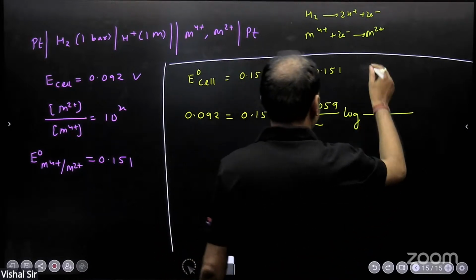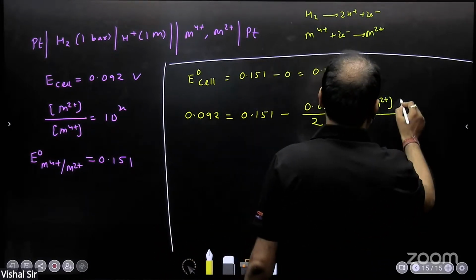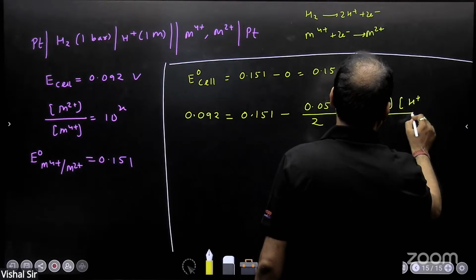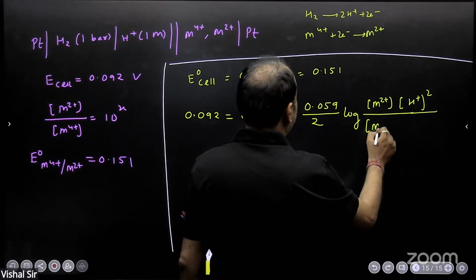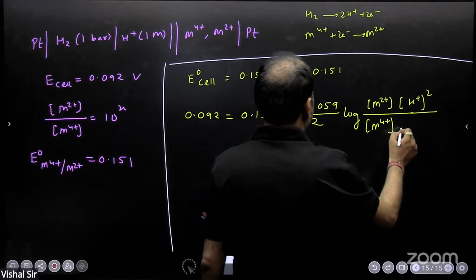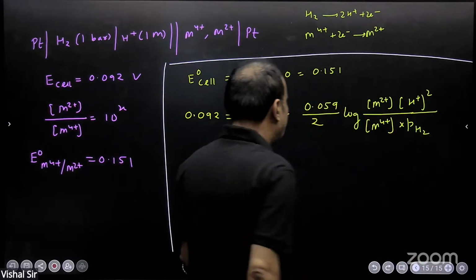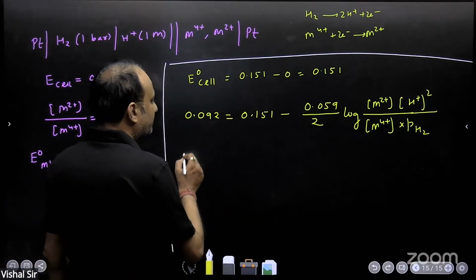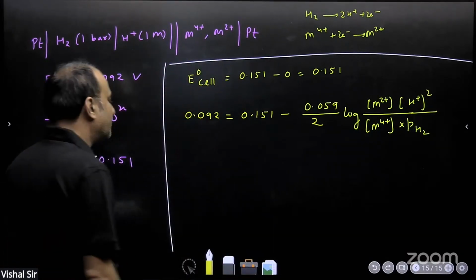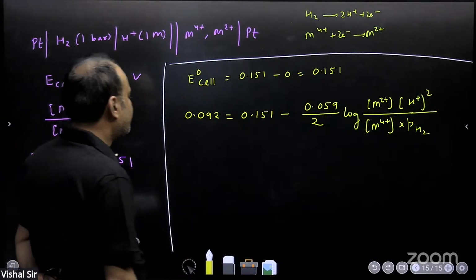Products, what are they? M2 plus, H plus square; reactants, M4 plus into partial pressure of hydrogen. So what this equation becomes is, let's bring 0.151 on this side. So how much will be left?